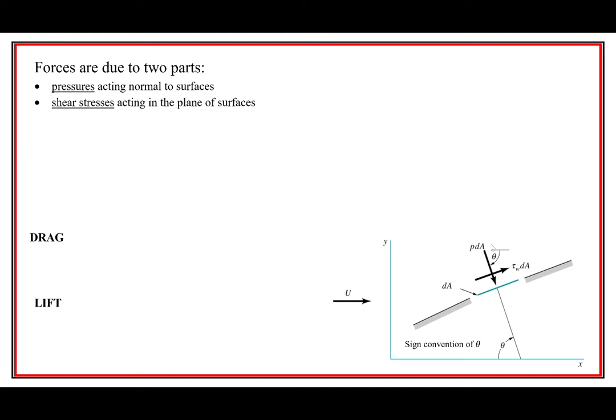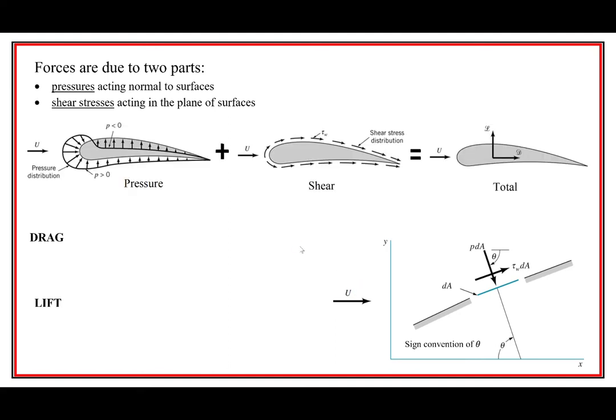In this generic differential piece of area, the pressure times the differential area acts perpendicular to the surface, whereas the shear stress on the wall, I think that's what the w is for, times the incremental area acts in line with it. Using this angle is an arbitrary sign convention. So this one plus this one equals this one; that diagram should be helpful to stick in your head.